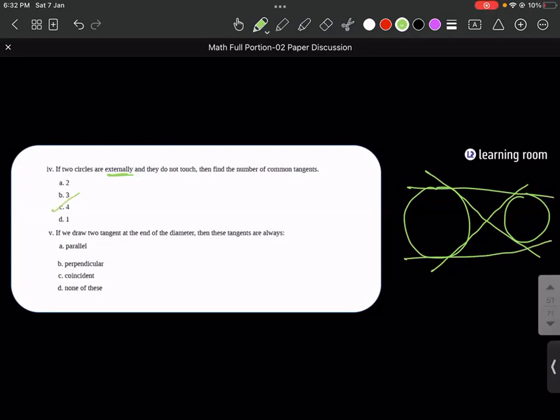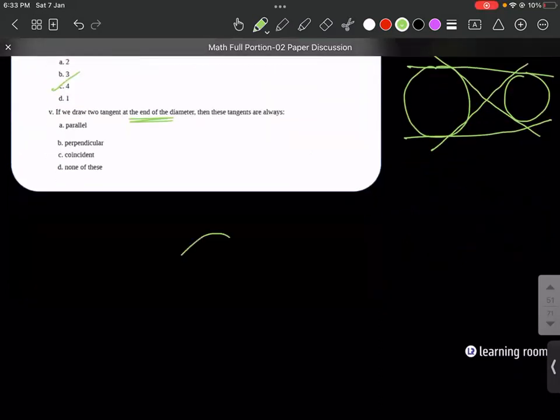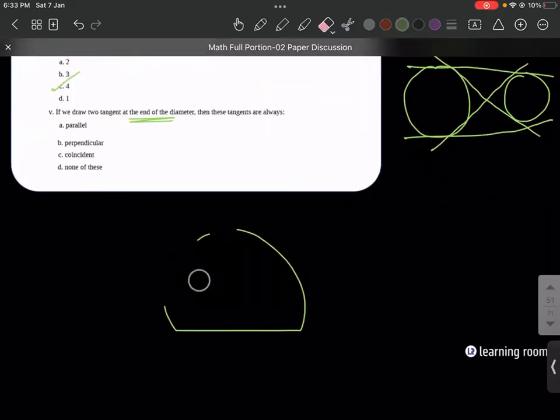Yes, sir. So if we draw two tangents, see, this is slightly a higher order thinking skill. Always parallel, right, sir? Yeah, both. It's not parallel. They will be parallel only if the circles are of equal radii. See, Tanishka, I'm drawing it again. Observe it clearly.